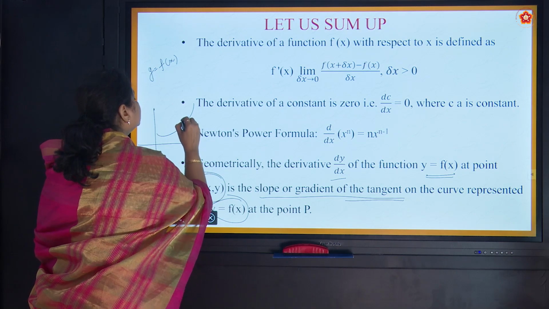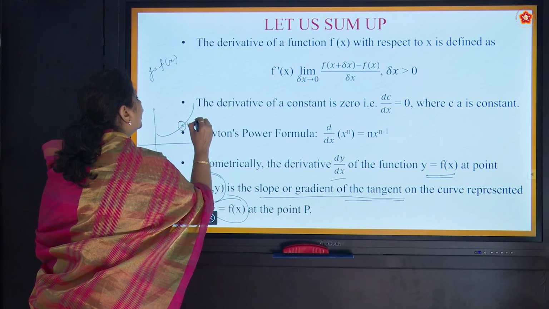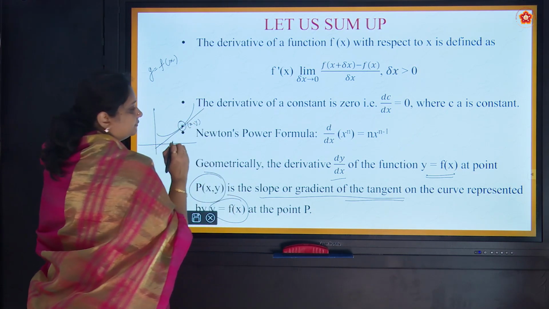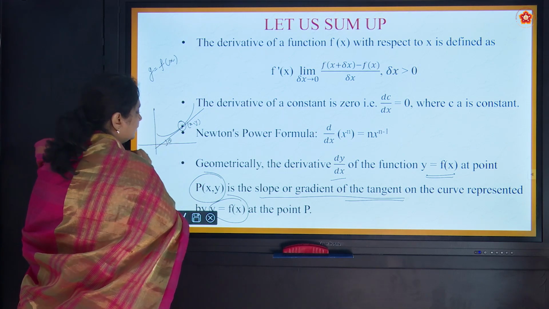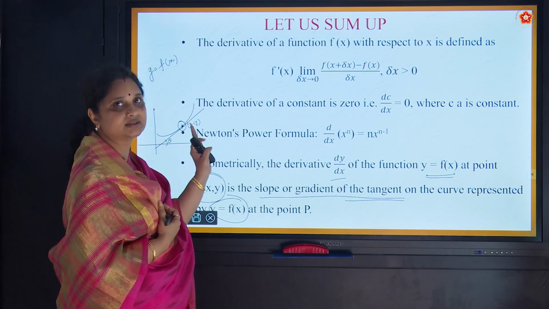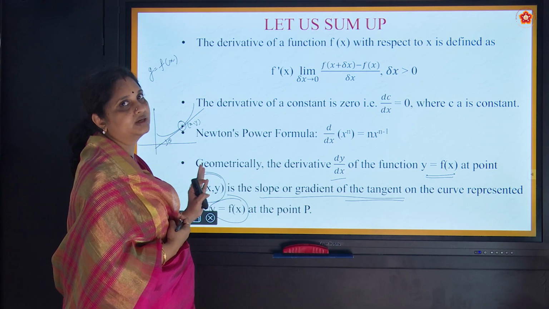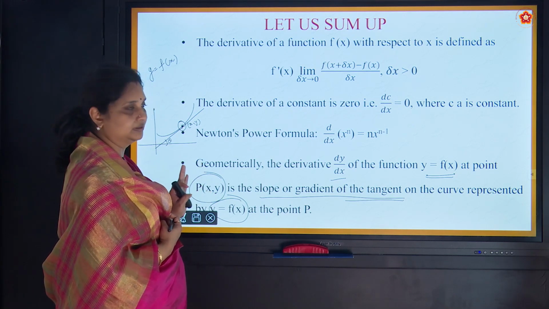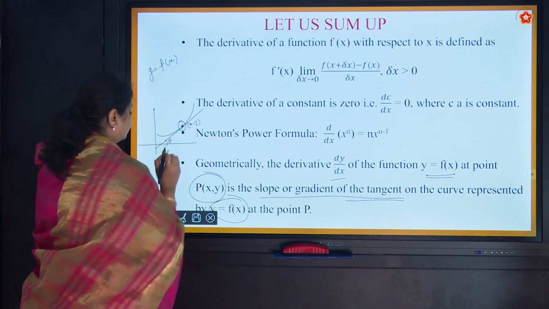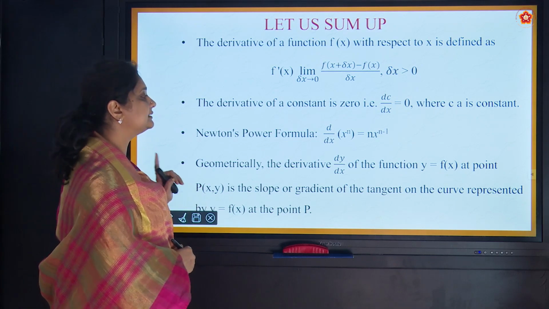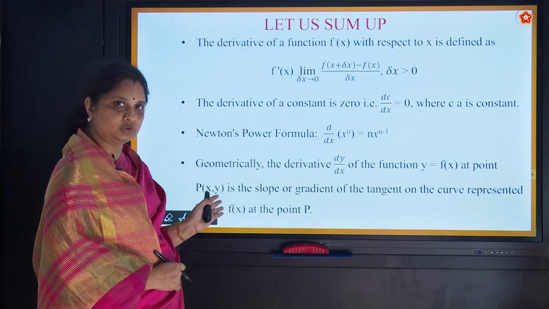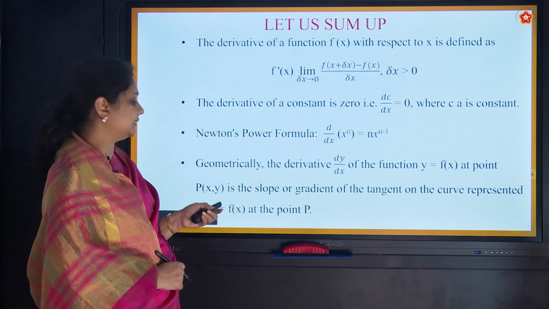Now, if you want to find the slope at this particular point of that tangent that passes through it, the slope or the gradient of the tangent at a particular point on the curve is called your first order derivative. That is dy by dx. We've actually seen in detail the geometrical meaning of the derivative. Go back to those videos to visit it once again for better understanding.